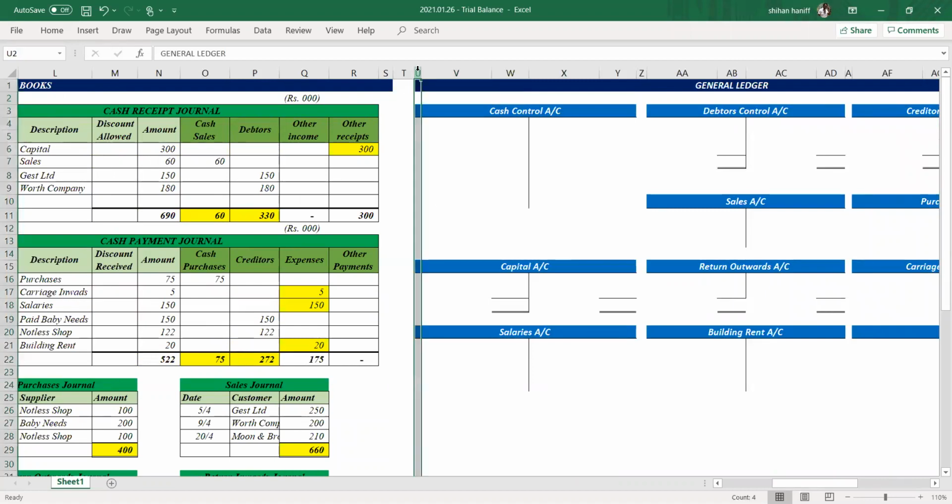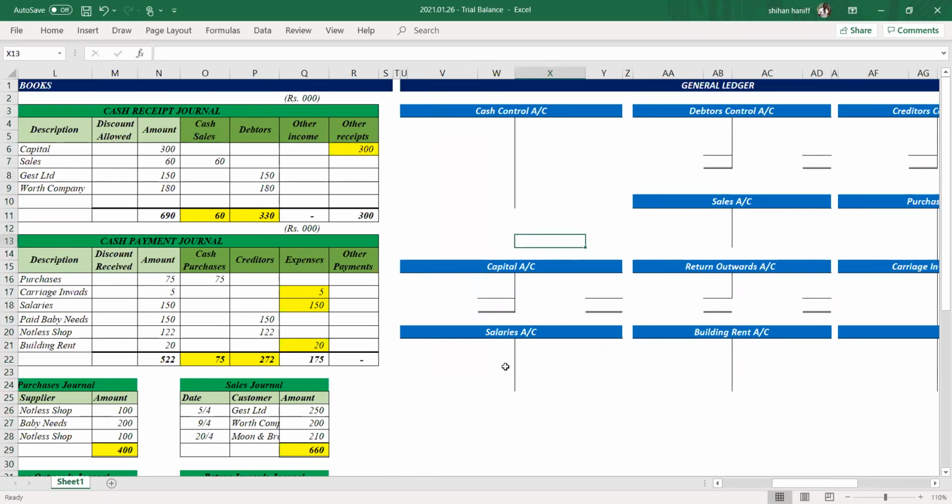So first I'm going to record these transactions in the general ledger, starting with the cash receipt journal. Cash control account, there is no opening balance because this was started in the current year.